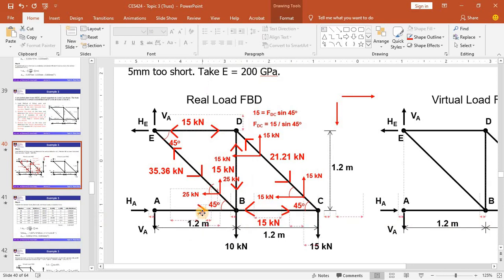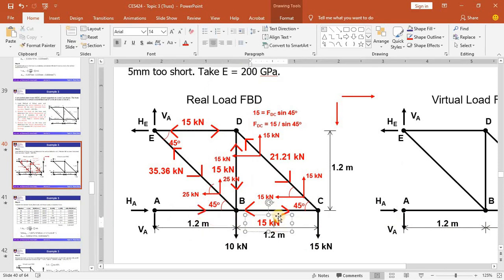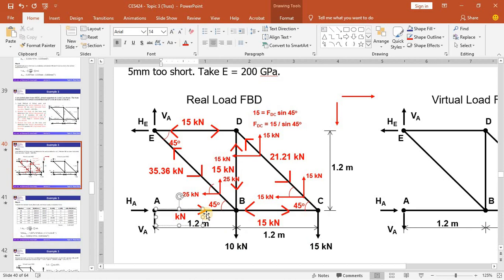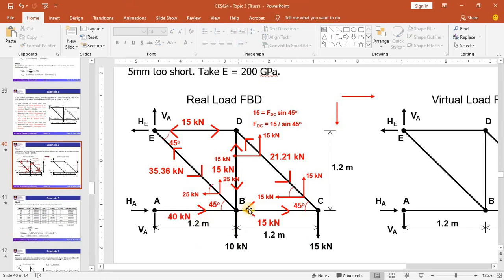So this is the direction of 40 kilonewtons, which is towards joint B, meaning that this member is under compression. So this is 40 kilonewtons.